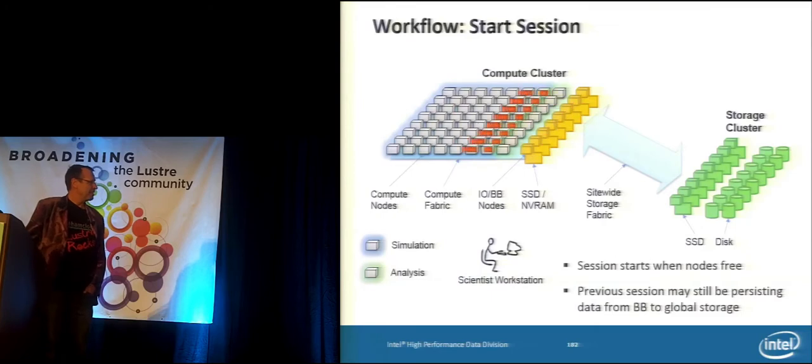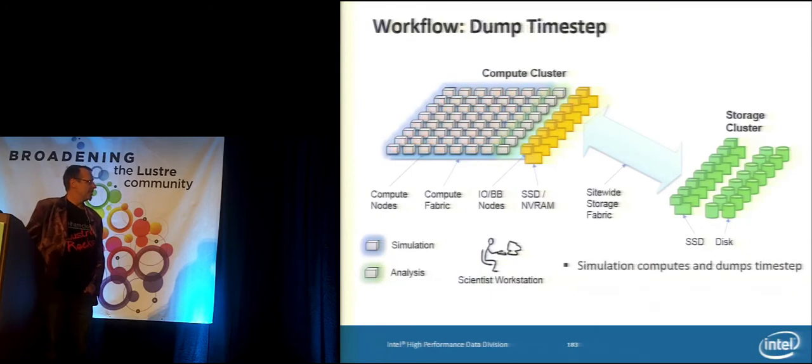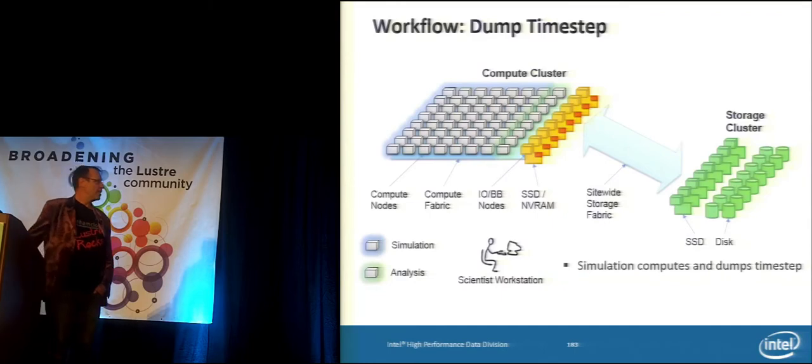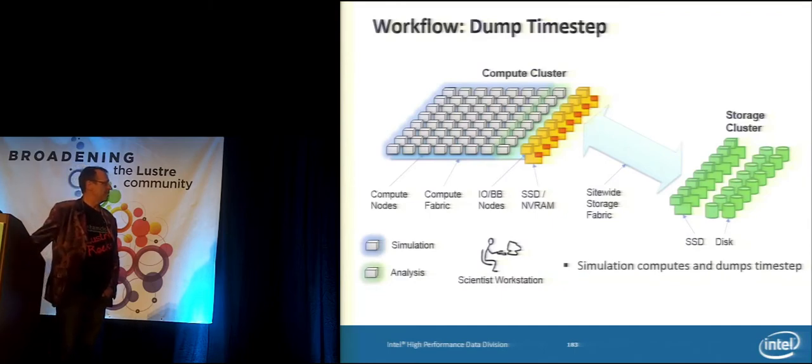But then the simulation starts running, pulls it in, computes on it, and produces a result, which is then pushed back into the burst buffer about 10 times faster than you can do I/O operations to the central storage.